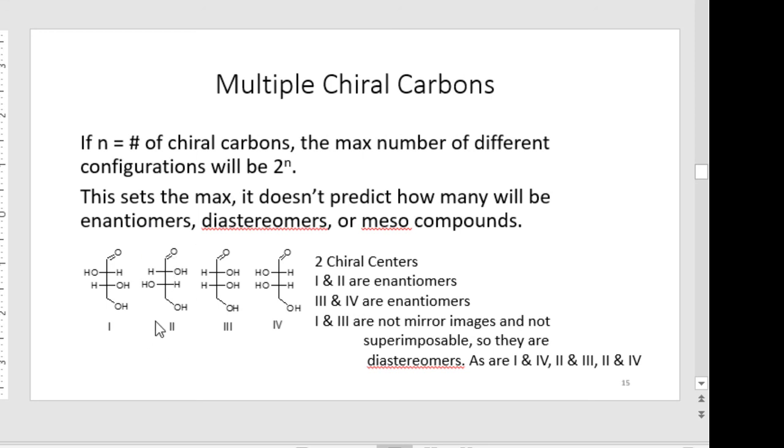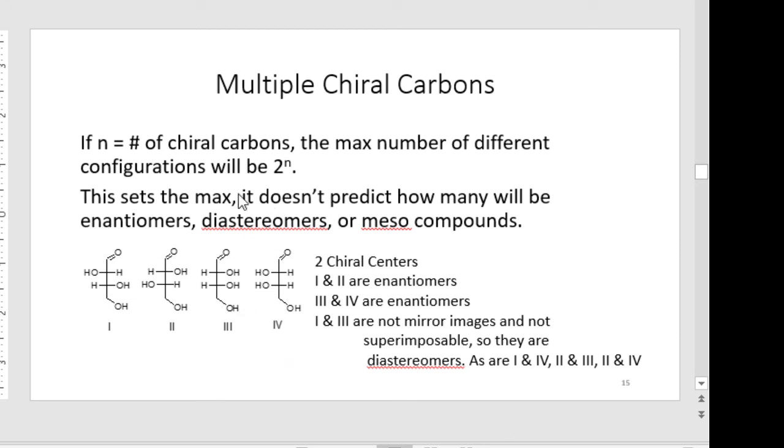Don't worry about the top and the bottom because you can spin those. It's only the chiral carbons. And so those are mirror images. Here, these are not mirror images of these. They're a different set. So this says 1 and 2 are enantiomers because they're mirror images.